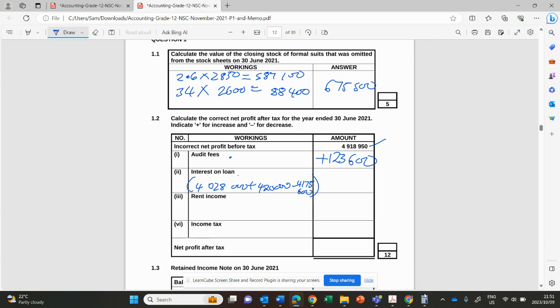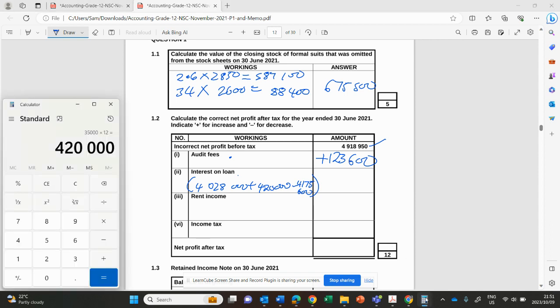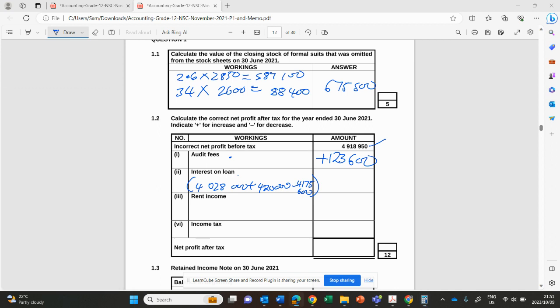So it's repayment plus the balance at the end, then minus the balance at the beginning, 4,175,000. Then we get 273,000. Negative or positive? It should be negative. Why? It's an expense, the interest expense. What do we do with expenses? Expenses you subtract, income you add. Okay, it's fine.